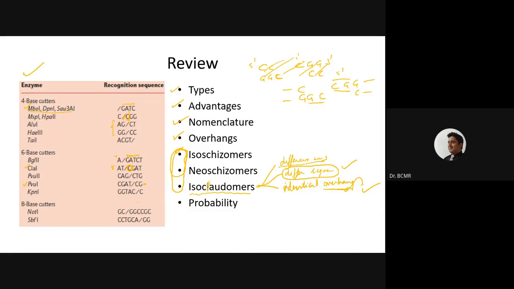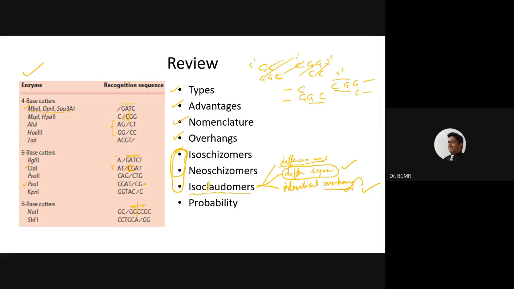NotI, the axis is this, and the overhang would be GG. GGCC is the overhang. You have to find anything else that is going to generate GGCC. If you want to call NotI, you have to find the overhang alone.